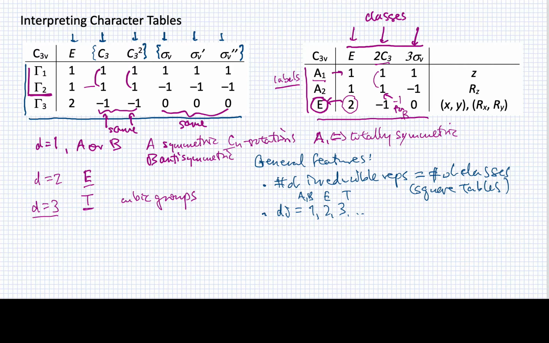All right, so we're going to typically label the character that appears for these things as chi sub I, R. I represents the irreducible representation, and R represents the symmetry operation.